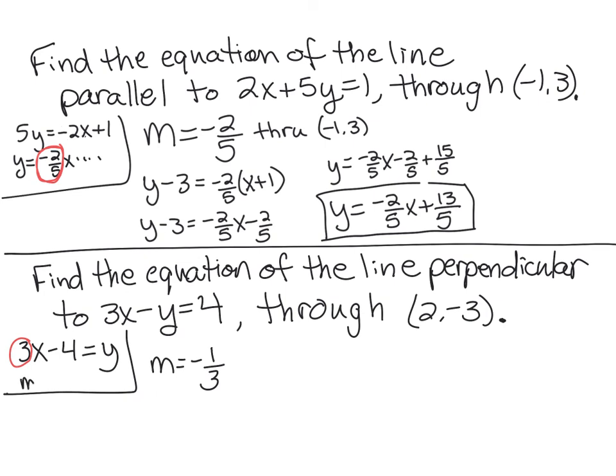My slope is the opposite sign, and flip that 3 to the denominator. This slope over here was positive 3 over 1. I make it negative 1 over 3. And I'm going through the point (2, -3). Okay? So y minus the y value, y minus negative 3 is y plus 3, equals the slope times x minus the x value of the point.